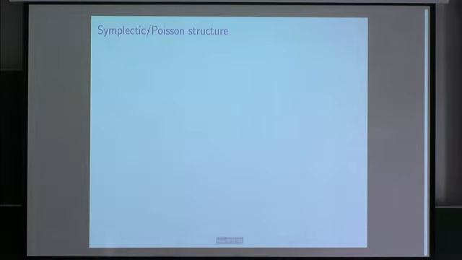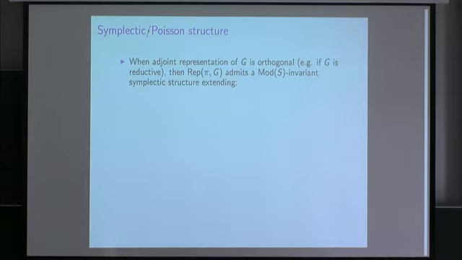So let me say a little bit about some of the ideas that go into studying this. Let me assume that S is a closed surface or a compact surface. And if G is a Lie group whose adjoint representation preserves a non-degenerate symmetric bilinear form on its Lie algebra, then one gets a symplectic structure on the space of equivalence classes of representations.